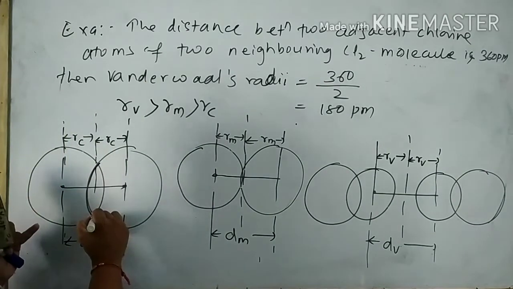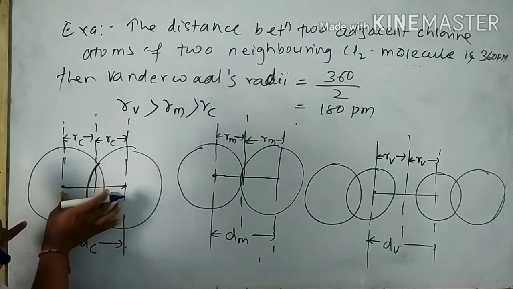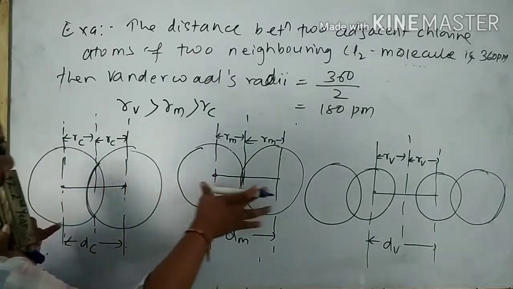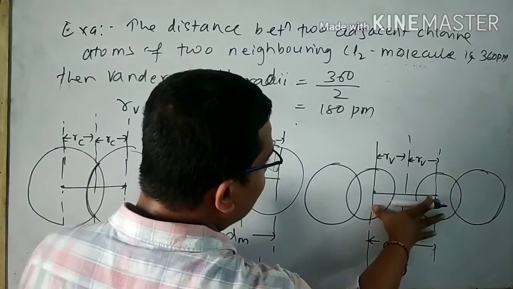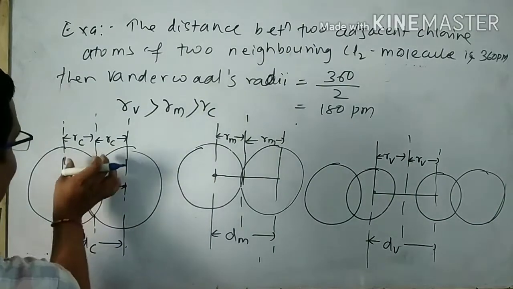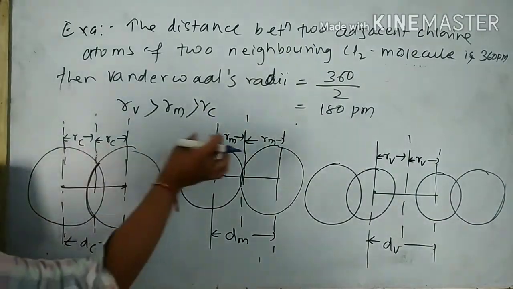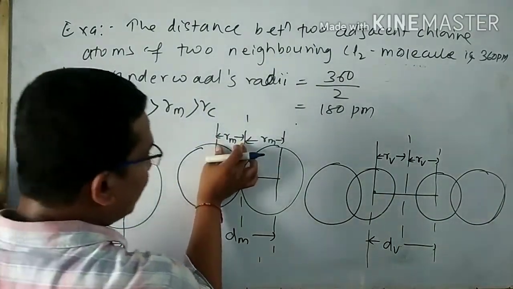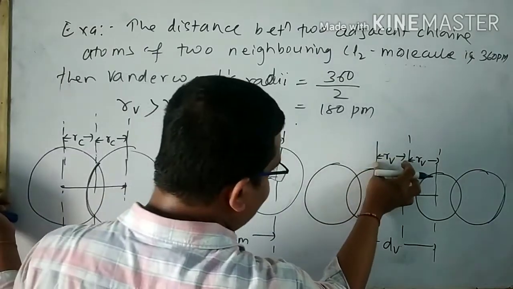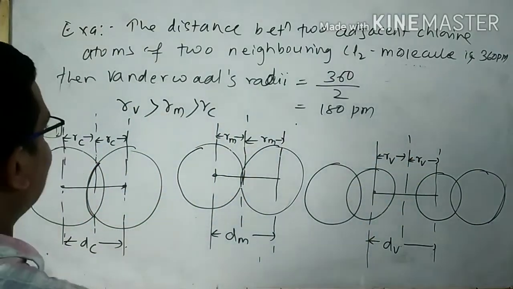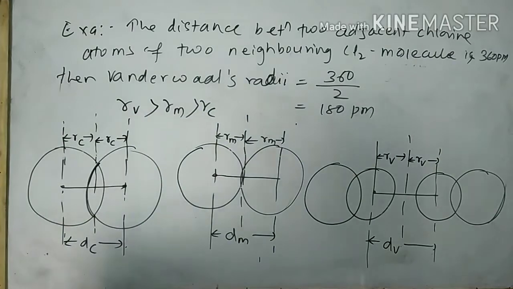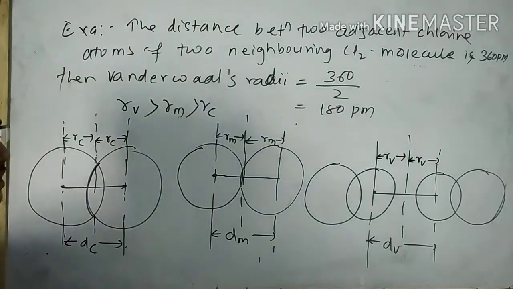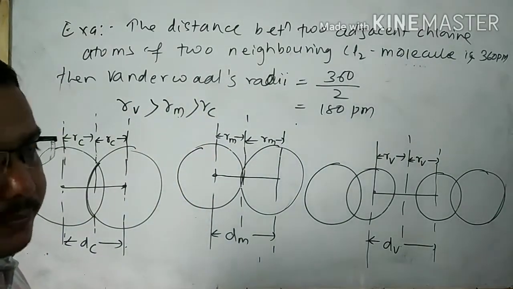There is an overlap. So this is the shortest distance as compared to the others. So this half is obviously smaller than that half, and that half is smaller than the next. That means covalent radii are smaller than metallic radii, which are smaller than van der Waals radii.